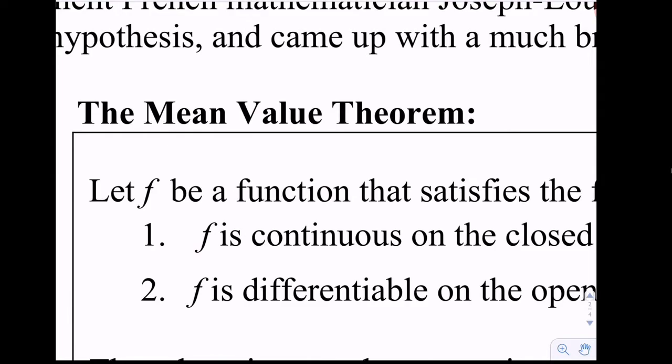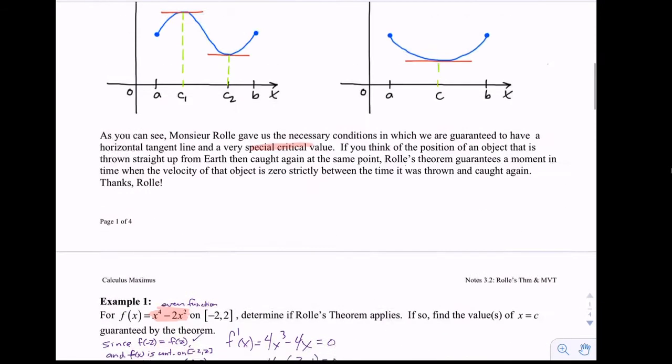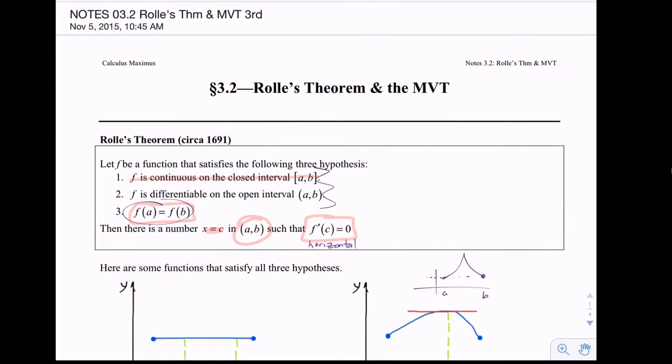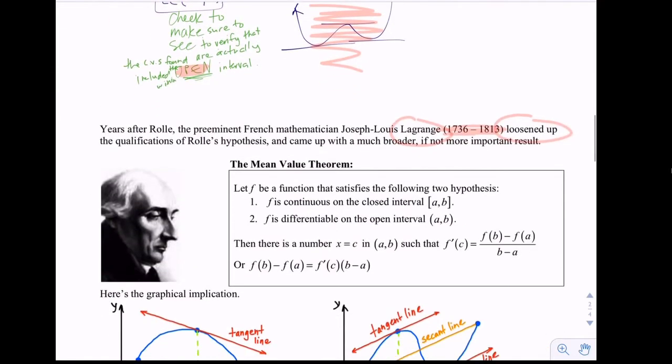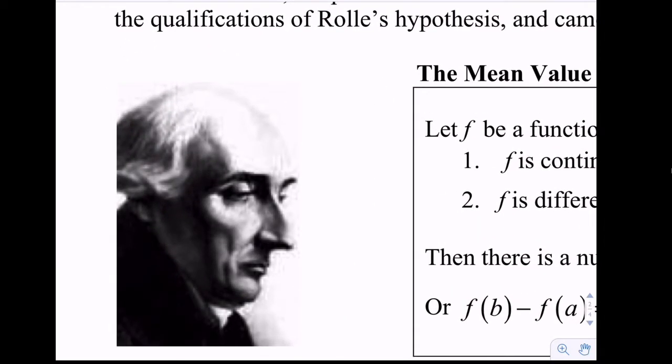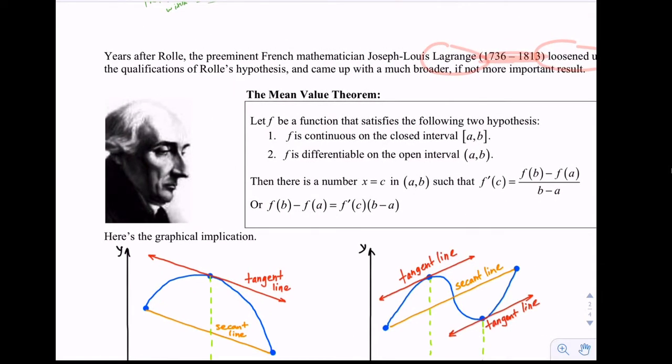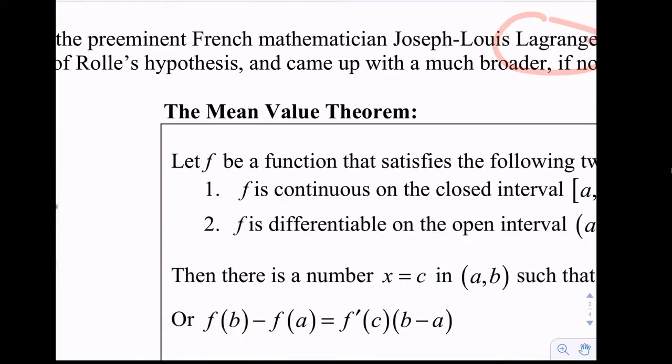But it's kind of nice to give credit to the mathematical forefathers. I don't even have his picture here like I did Lagrange, because I don't know if Google Images even has one. You can find one if you want. Here we go. This is called the mean value theorem, or MVT for short.